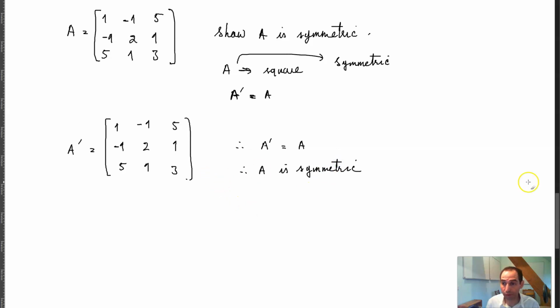On the other hand, I have a matrix A equal to 0, 1, negative 1, negative 1, 0, 1, and 1, negative 1, 0, and you want to show that A is a skew symmetric matrix.